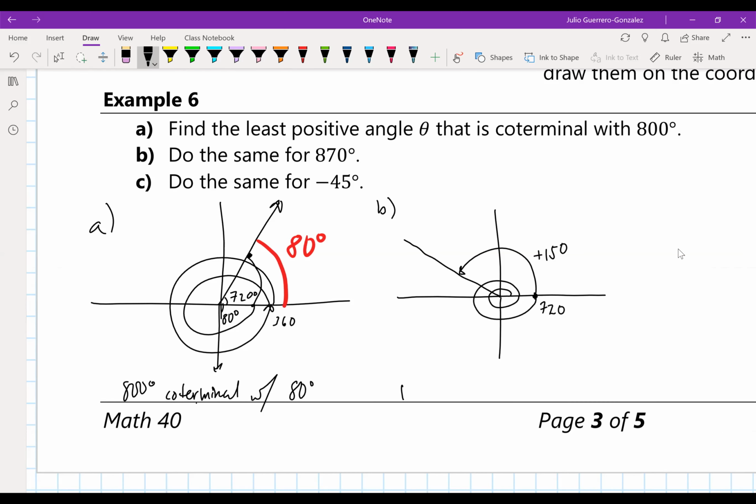So then 150 would also be coterminal with 870. Got it? Yep.